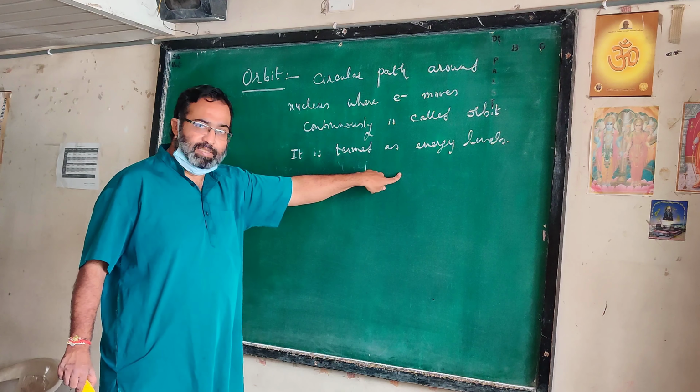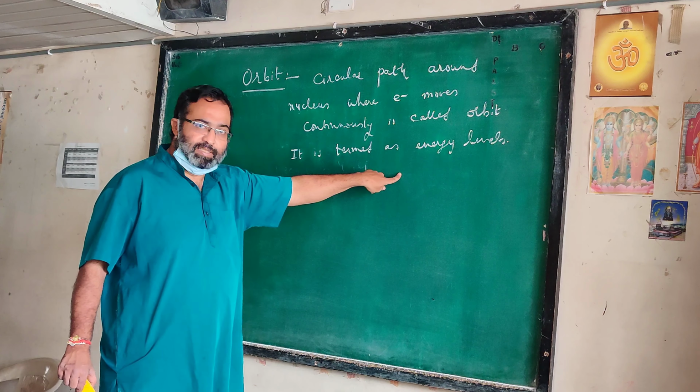They are designated as K, L, M, N, etc. The first orbit, if n equals 1, that is the first orbit, is known as K orbit, that is known as K shell.